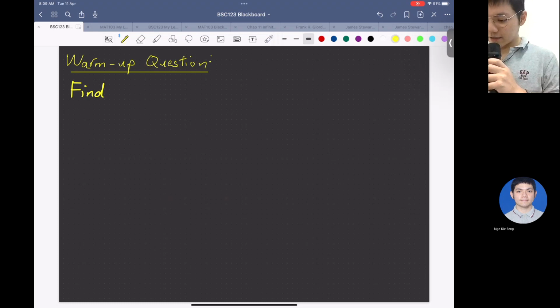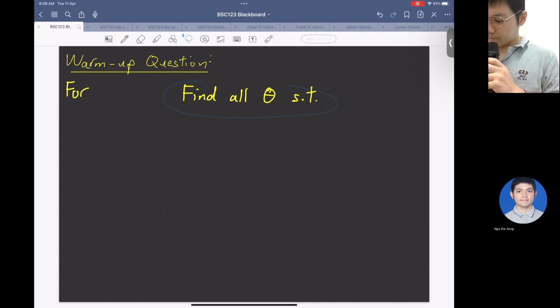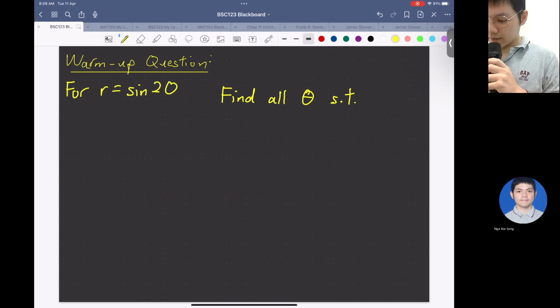So let's find all theta such that, let me switch this question, for r equal to sine 2 theta.